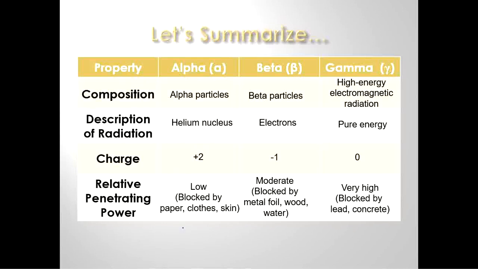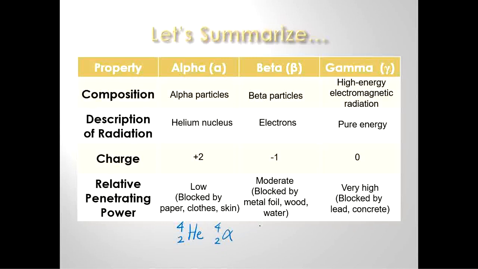We know that it's an alpha particle when it is represented by this symbol here, 4-2 helium. It can also be represented by this, which is just an alpha symbol.